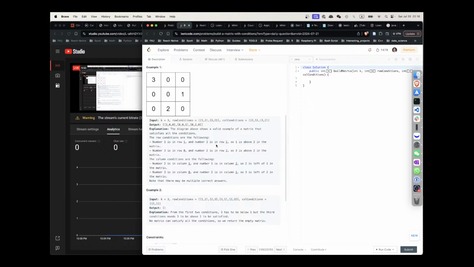Maybe we sort the row based on the left or right. No, 1 must be above.